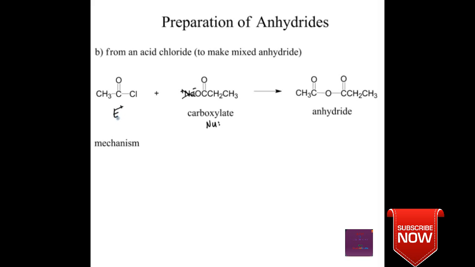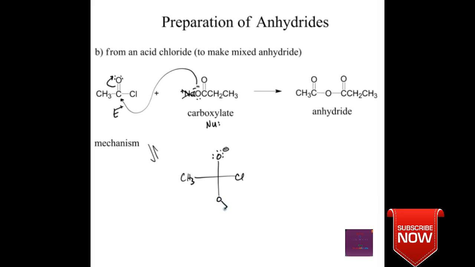Remember, really great electrophile. So let's see what the mechanism is going to look like to do this substitution reaction and get our product. So we have our carboxylate. It's going to attack the carbonyl, break the pi bond. So we'll have an O- up here. And what was the nucleophile we added?